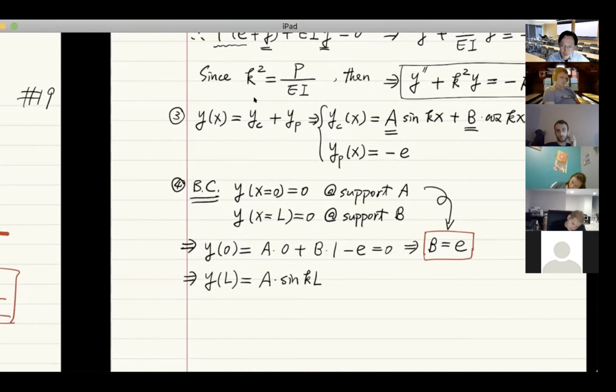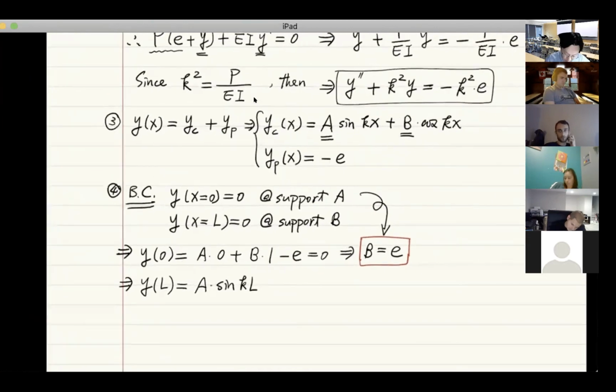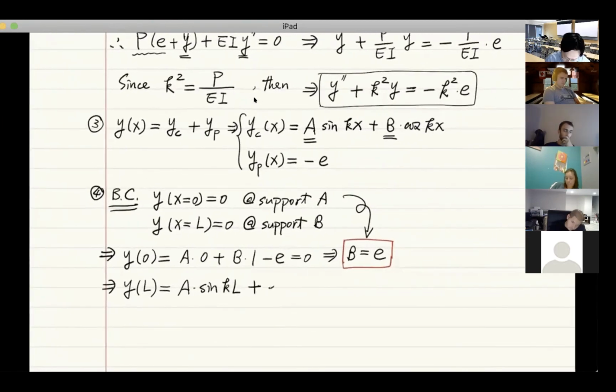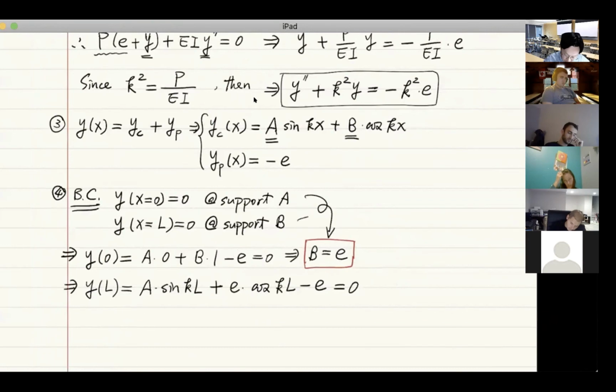That's not 0. When you put x to be capital L, you have to remember every time you write x, just replace it with L. Now this plus e times cosine KL minus e will be 0. So this is coming from the second boundary condition.